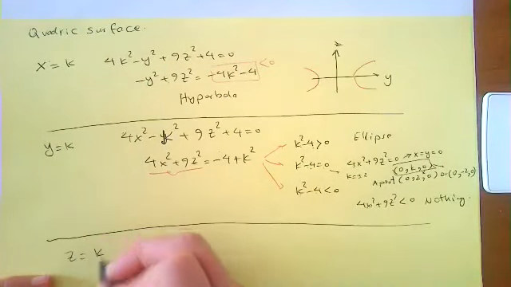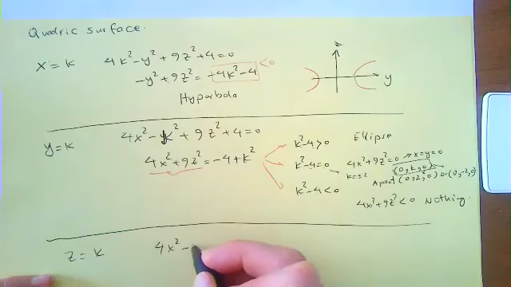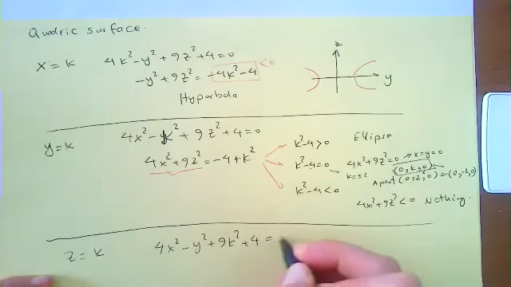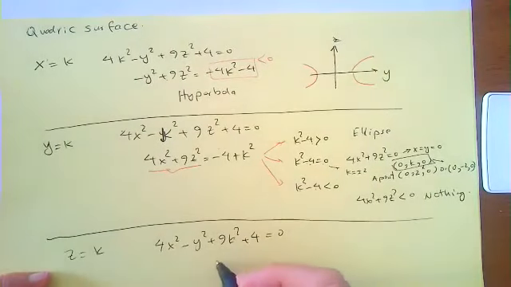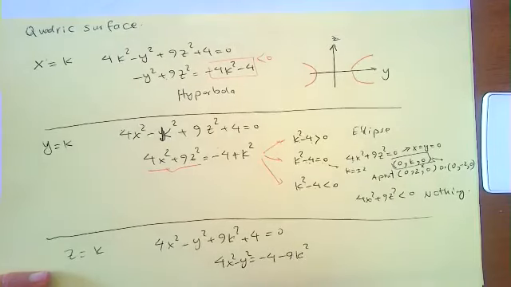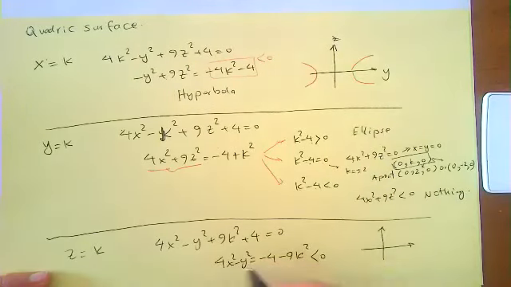z equal to k. When z is equal to k, I get 4x squared minus y squared plus 9k squared plus 4 equal to 0. And from here, I get 4x squared minus y squared equal to negative 4 minus 9k squared. In this case it is going to be a hyperbola, in the same direction as the one over there.